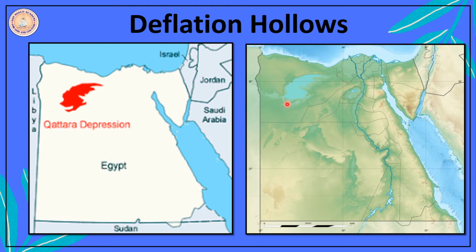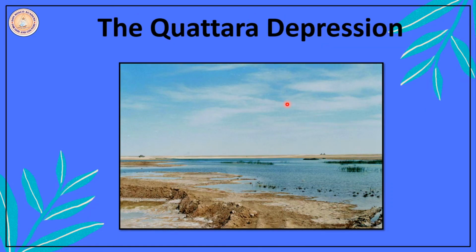The winds and storms cause the removal of the sand particles. The depression is so low, about hundreds of meters lower than the sea level, that water has also accumulated over here.